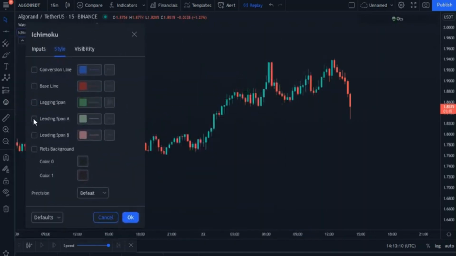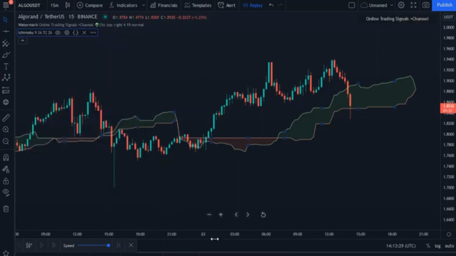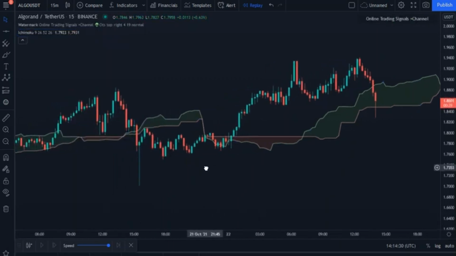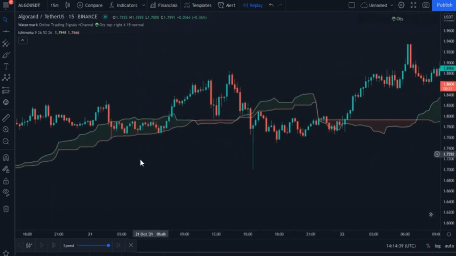Now let's uncheck it and see leading span A and leading span B. Okay, these two lines are the basis of the Ichimoku cloud, and they are the basis of this indicator. Let's apply the background so that it appears as it should. Let's explain these clouds briefly. As you can see here, when the trend crosses this cloud up, this will be a good sign to buy. And here it's acting like a support line.